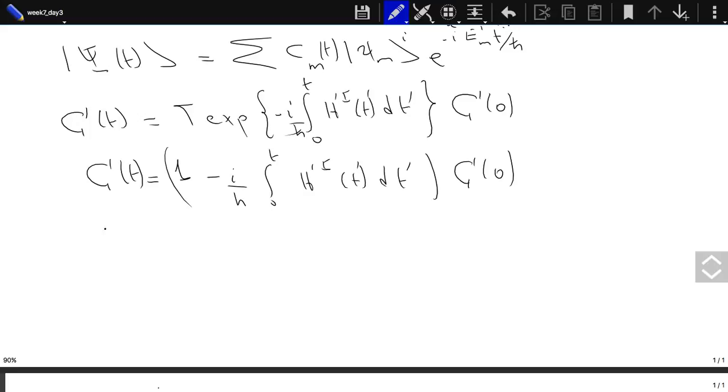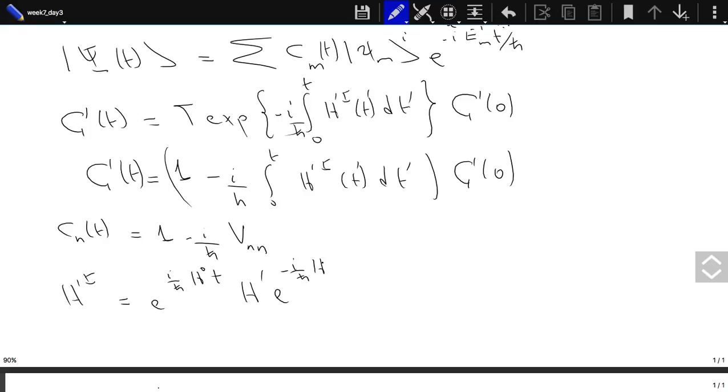So what this tells me is that the Cn at the time t will be nothing but 1 minus i over h bar Vn. If you also remember what the definition of H prime I is, H prime I was e to the power i over h bar H0 of t, H prime, e to the power minus i over h bar H0 of t. This was the definition.